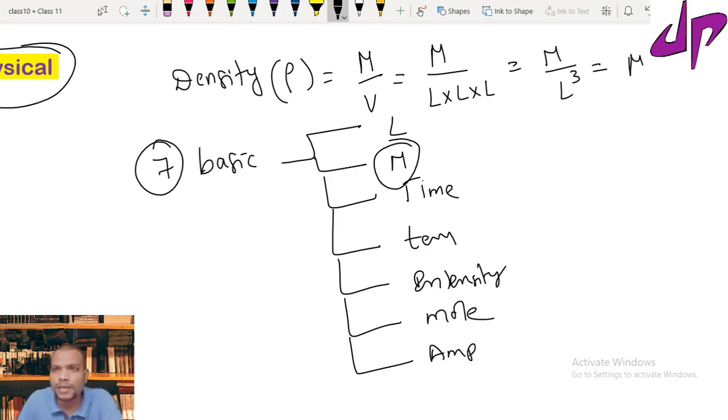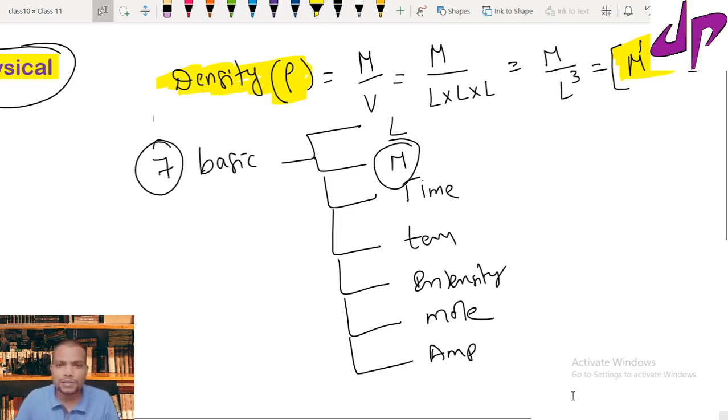We can rewrite this as M L inverse cube, or M power 1, and we must put it in square brackets. Now we can say these are the dimensions for density. We represented density in terms of mass and length, very basic physical quantities.